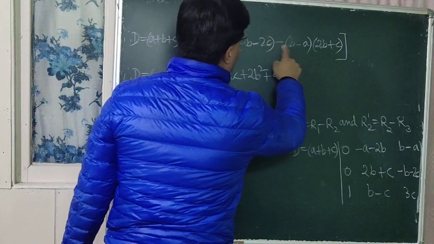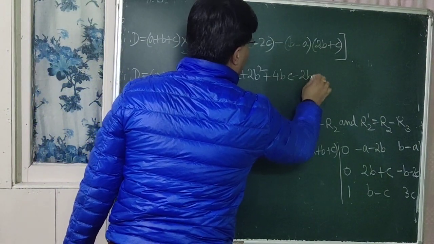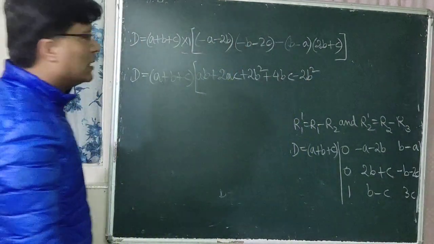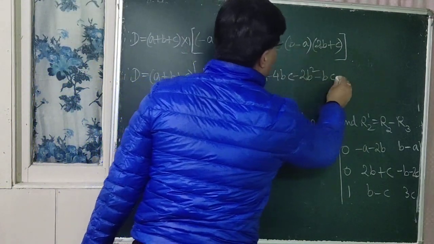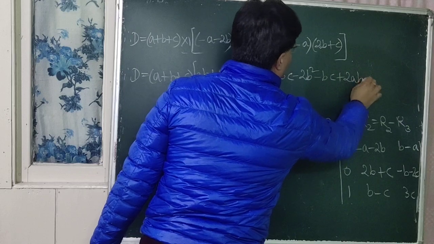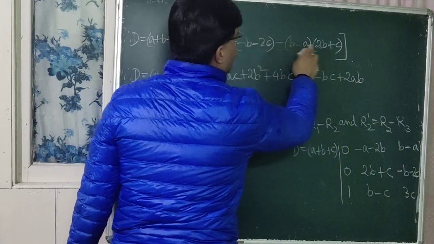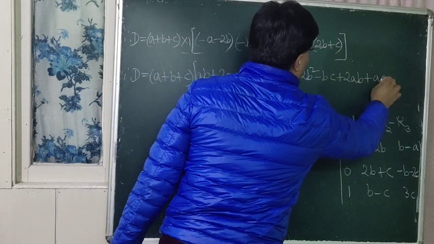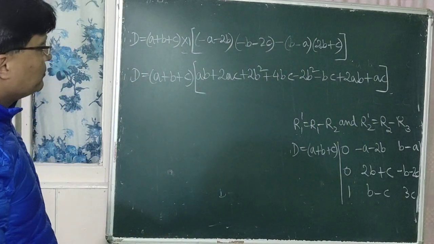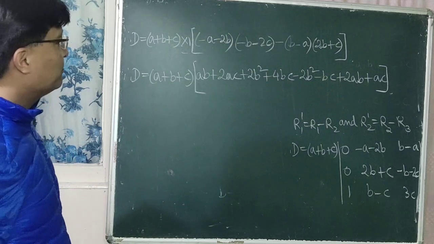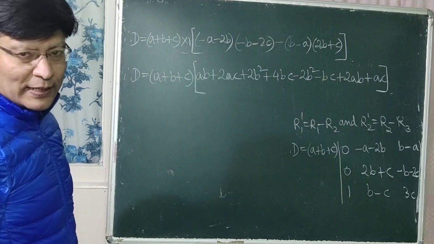Next, minus B into 2B, minus 2B square. Then comes minus into plus, minus BC, minus into minus plus 2AB, minus into minus plus into plus, plus AC. Plus AC, third bracket is closed. Is it correct up to here? The calculation is not wrong, I hope?